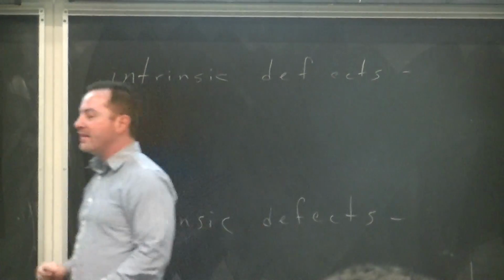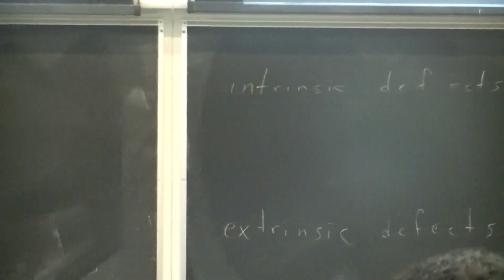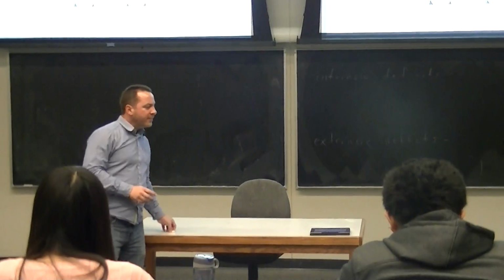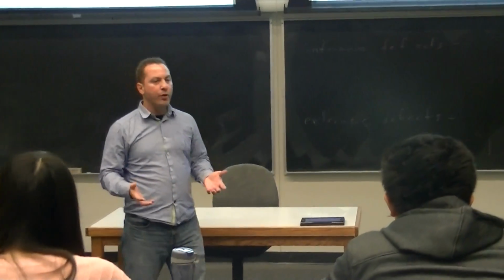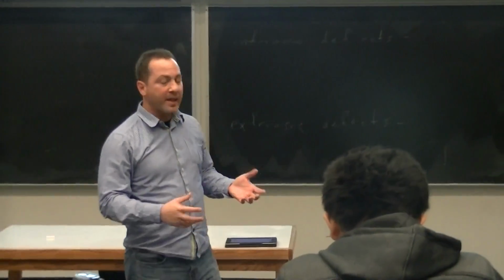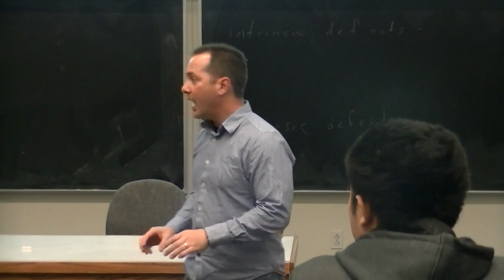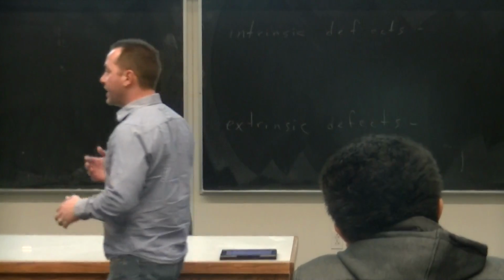There are basically three kinds of intrinsic defects. Intrinsic defects are defects in which the stoichiometry of the material, or the ionic solid, doesn't change at all. Basically what happens is that the atoms change positions.